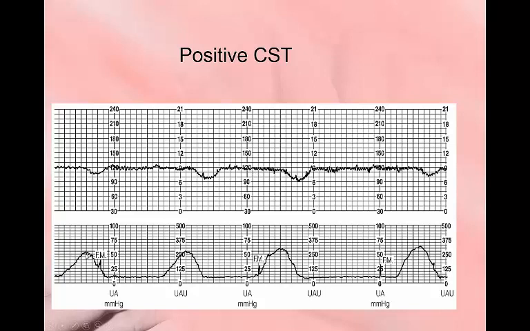But what we're seeing here, and we're going to go over these changes in just a minute, these are late decelerations. All of these dips or changes in the fetal heart rate are what we call late decelerations, and they're happening with every contraction. And these are pretty worrisome. Late decelerations usually signify that there's some type of underlying issue with perfusion from the placenta. And we're going to talk about those in just a few more minutes.